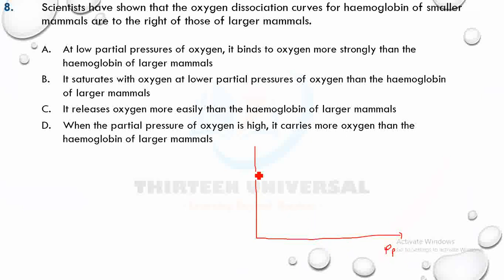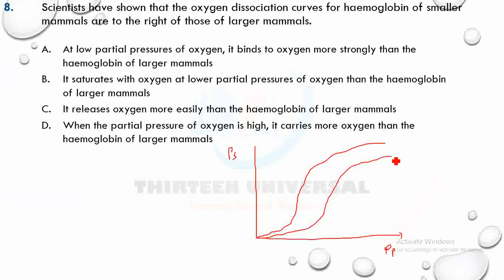This is percentage saturation, call it ps. So this graph is usually a sigmoid graph. Sigmoid, it goes like this, S shape. Of course there are two graphs here based on the question.